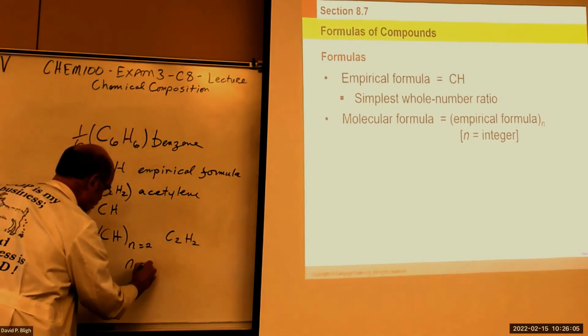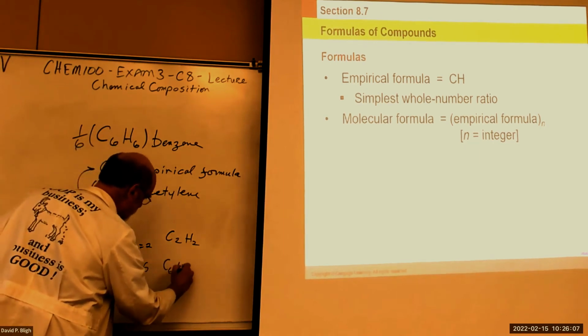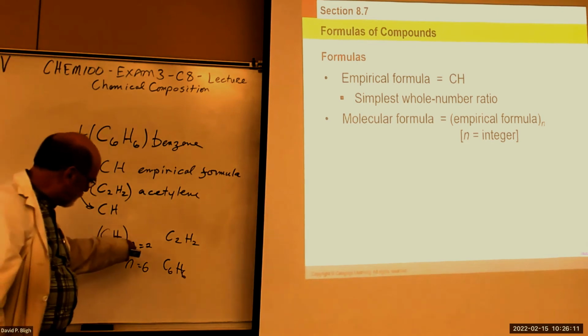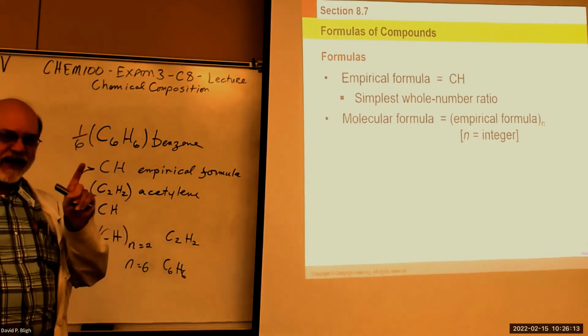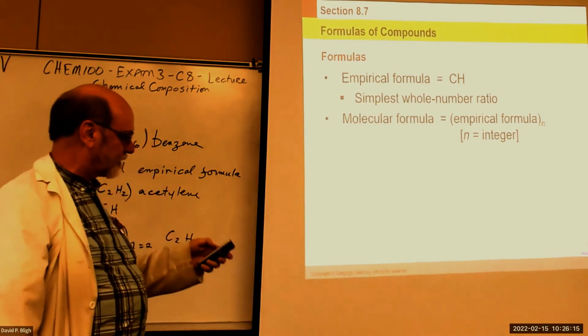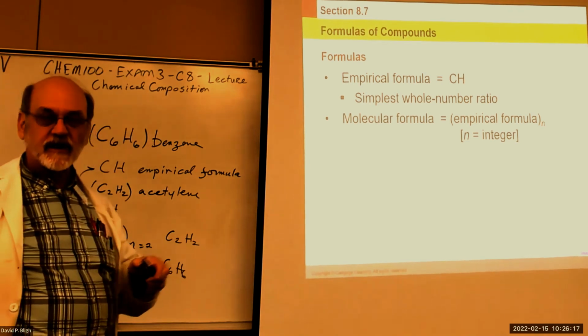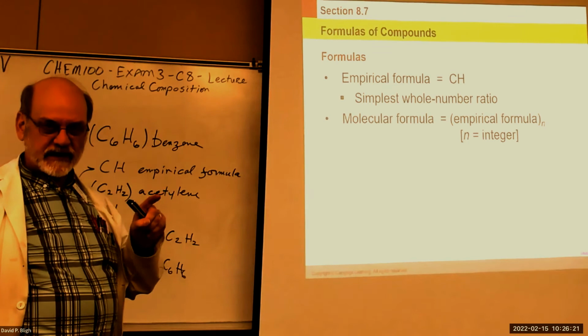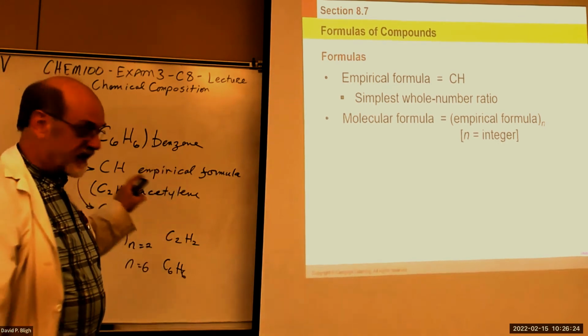If N equals 6, then we have C6H6. Okay? So we need some way to find out what is that multiplier. That integer will tell us what our molecular formula is based upon the empirical formula.